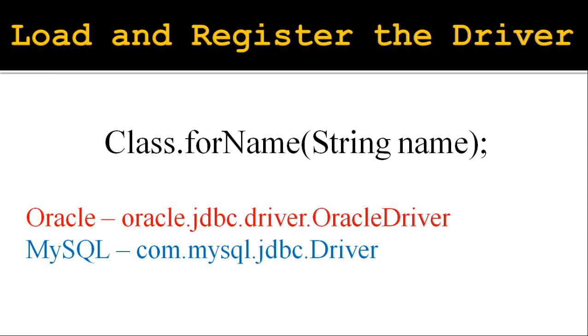In the second step, we are going to load and register our drivers. For that purpose, we use the Class.forName method. This method takes a parameter called string, which is nothing but the name of the database driver. If you are using an Oracle database, you can use oracle.jdbc.driver.OracleDriver.